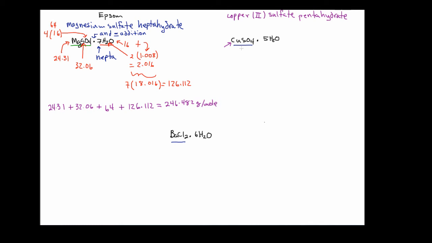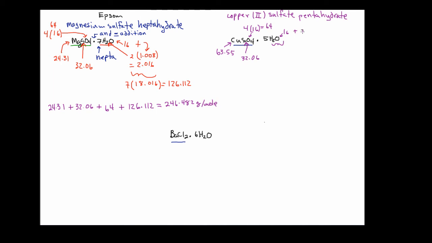Now, we go through the same procedure that we did for the magnesium sulfate. So we look up copper on the periodic table, and it comes in at 63.55. The sulfur, all right, is 32.06. Again, the oxygen is 16, and we've got 4 of them, so the grand total for that's going to be 64. And then our H2O, all right, there's an oxygen at 16.